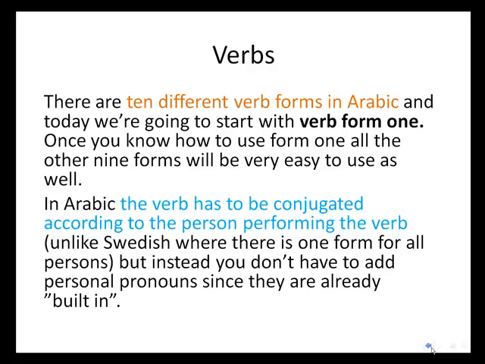But it makes it easier because you know exactly and directly who is performing the verb and who is not. And it's also the same form, the same added prefixes or suffixes for all verbs. So once you have learned these forms, you can use them on any other verb that you can find in Arabic. So it's not as complicated as it sounds to start with.